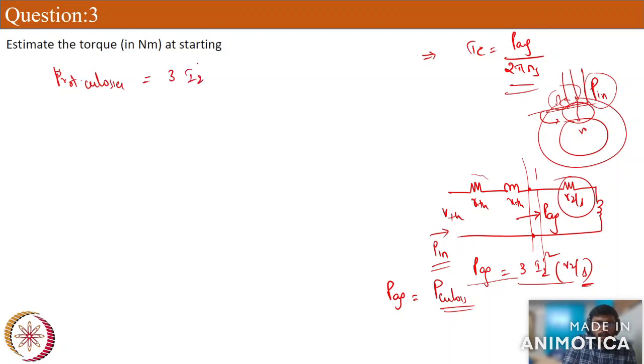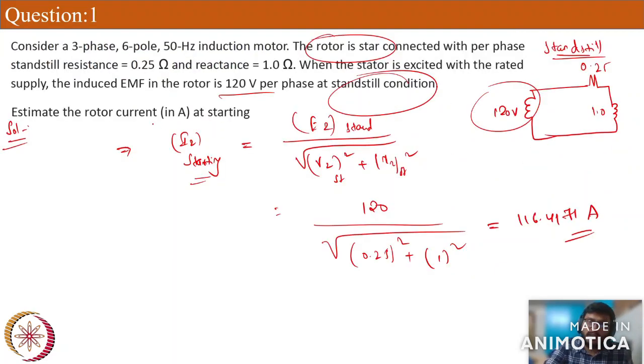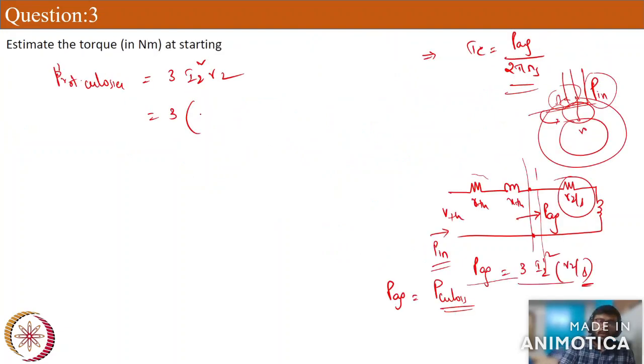That is 3I2 square R2, and 3 into the rotor current in the starting condition that we already calculated in the previous problem, 116.417 whole square, multiplied by R2, which is 0.25. So it's 10164.68 watts. It is 10.164 kilowatts. Now we have the rotor copper losses at the starting condition.